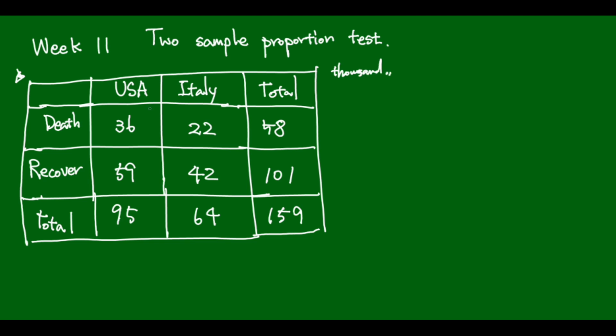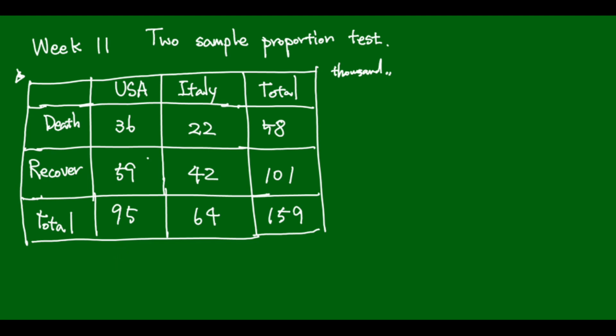So we have 36 for USA, which means 36,000 people have died from COVID-19, and 59,000 people have recovered from COVID-19. 36 plus 59 makes 95, so we have 95,000 observations from the USA.